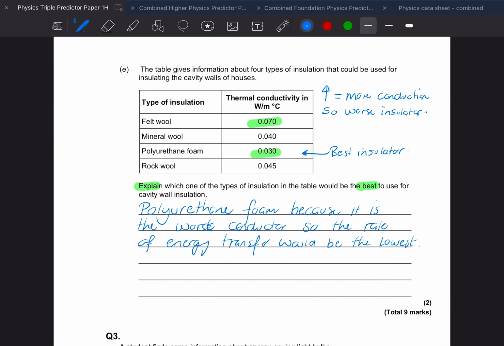Yeah, so therefore we would have less heat traveling through our walls. 2 marks. I've stated which one, and I've said why.